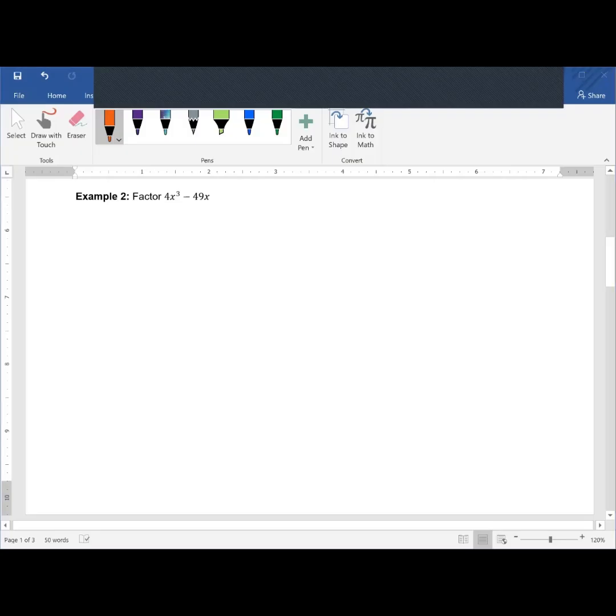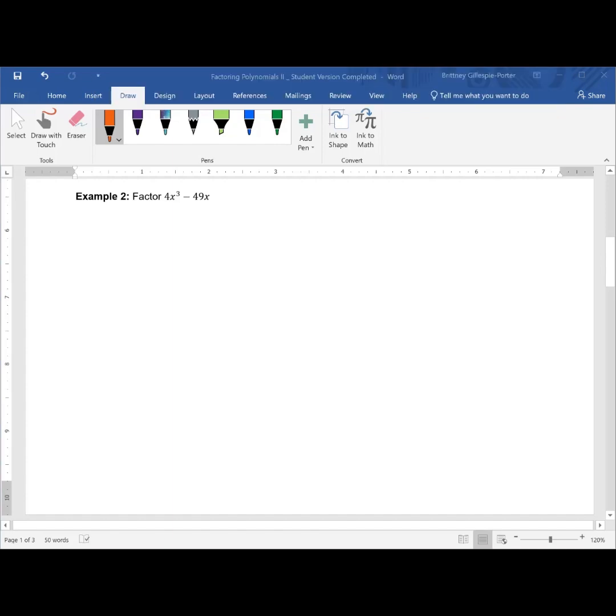Let's try another example. This time we have 4x cubed minus 49x. We're factoring. We need to make sure that we are checking for a GCF. When we look at our smallest coefficient, our smallest number of 4, 49 divided by 4 gets us a decimal, which means that 49 is not divisible by 4.